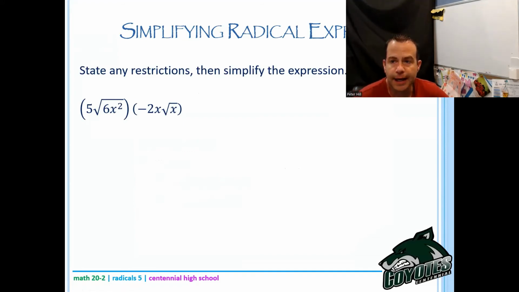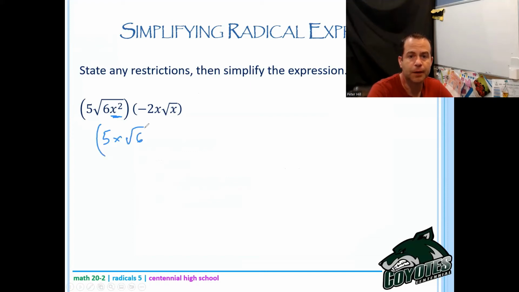So we're looking at, I'm just going to get my ink on here for a sec, 6x squared. Well, I know that x squared could just be x. So I could write that as 5x root 6. Then I can multiply that by the negative 2x root x.